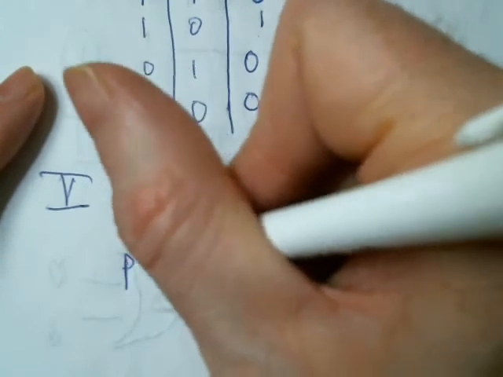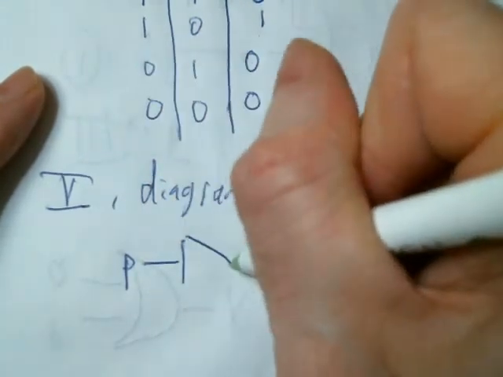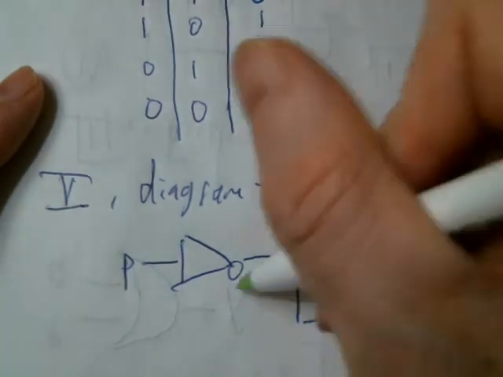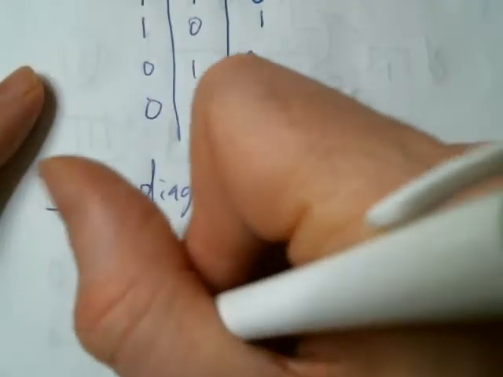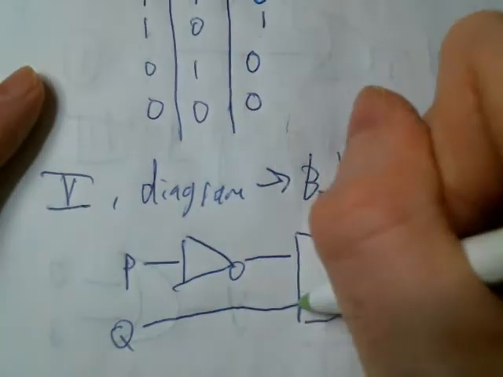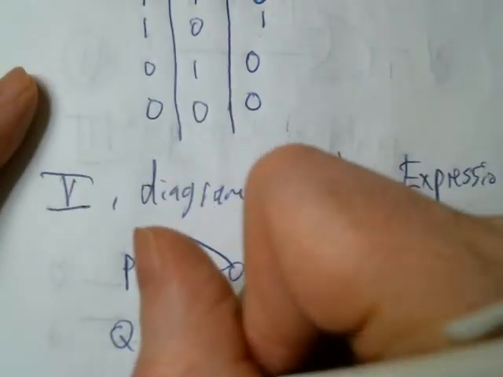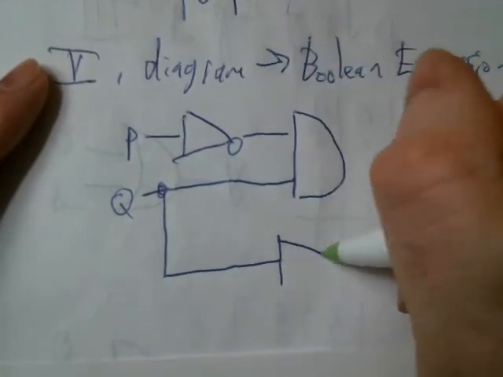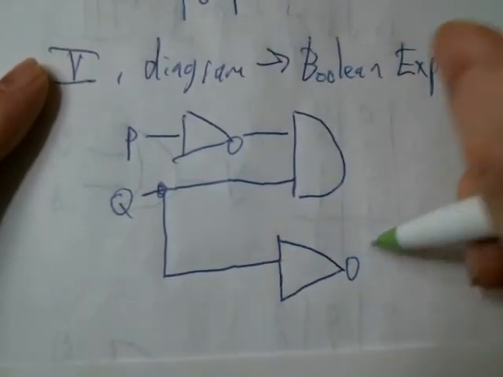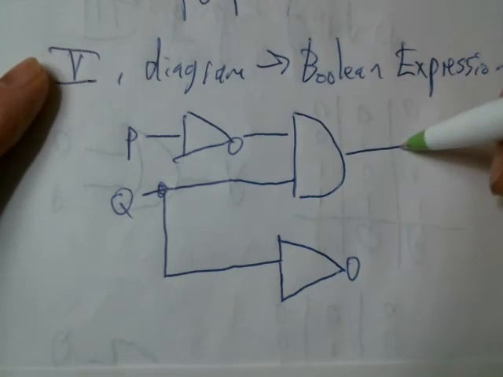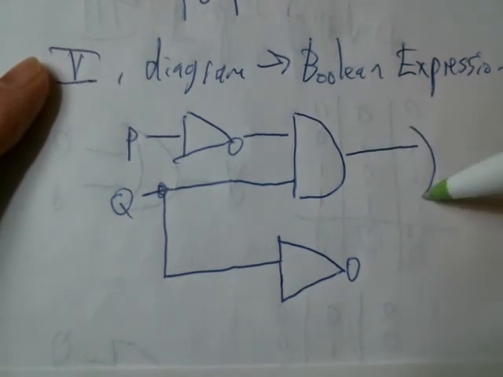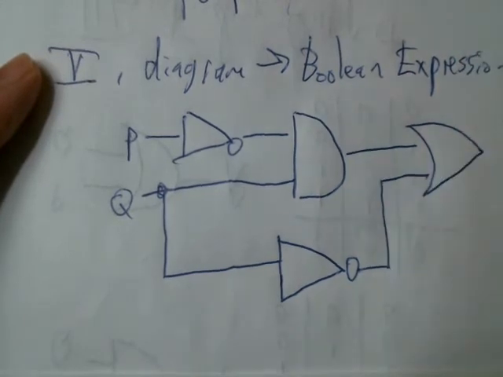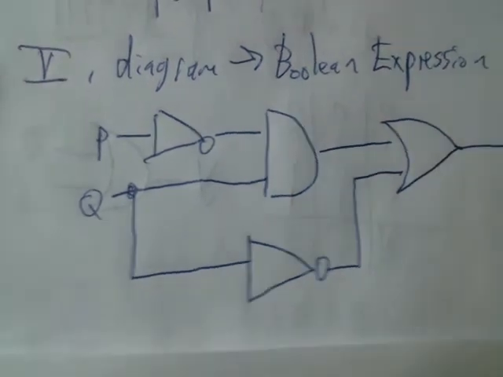So I have P, I'm going to a NOT, and then going to an AND, then a Q, going to an AND and also a NOT, attached on down here. Then we're going to an OR, and then we got our output.